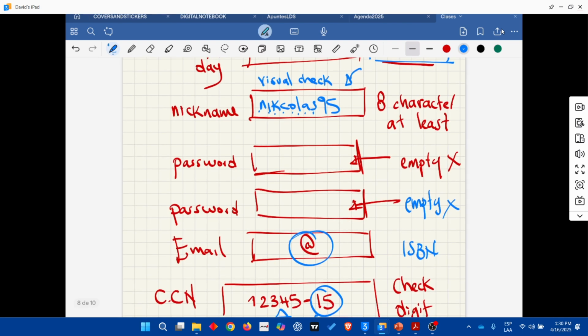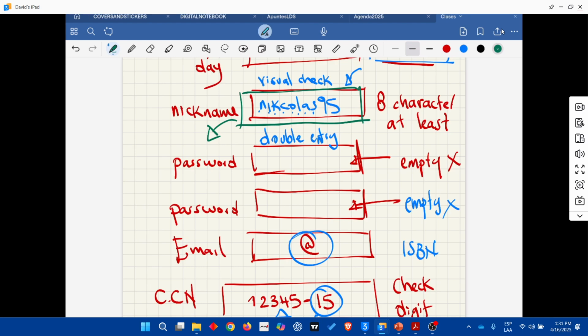Now, the other verification is called double check, double entry. This is another example. Let's suppose that you are going to create your user in a software and you are using obviously your nickname that we already put here, and we verify that this nickname matches with the information that the software asks us to put.